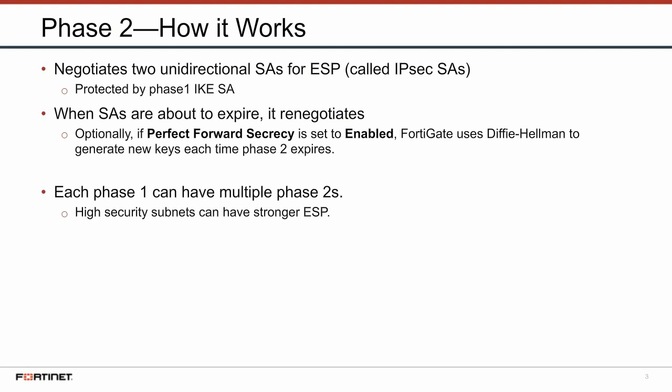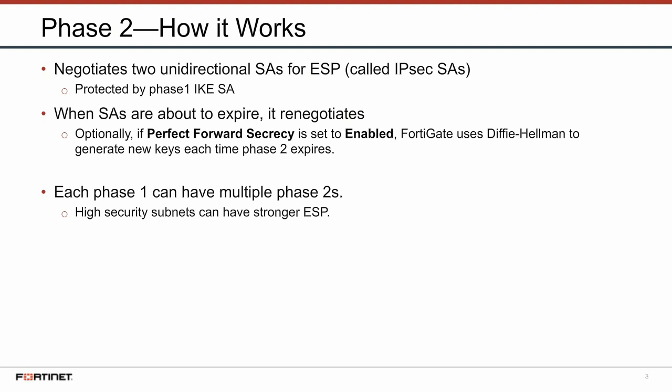IKE Phase 2 does not end when ESP begins. Phase 2 periodically renegotiates cryptography to maintain security. Also, if you set perfect forward secrecy to enable, each time Phase 2 expires, FortiGate will use Diffie-Hellman to recalculate new secret keys. In this way, new keys are not derived from older keys, making it much harder for an attacker to crack the tunnel.